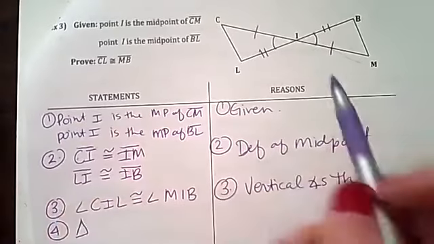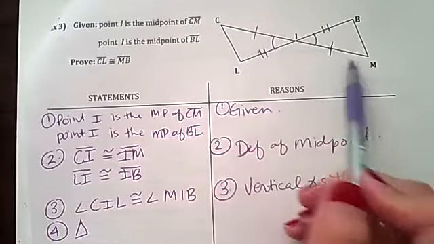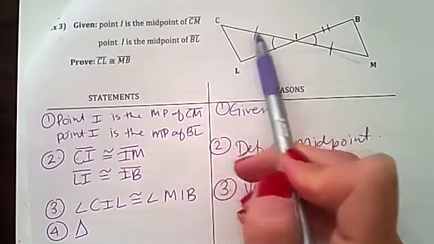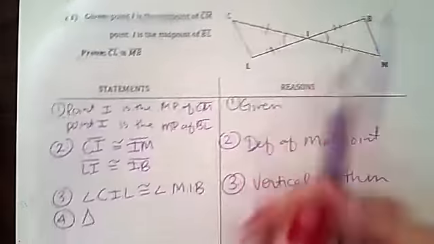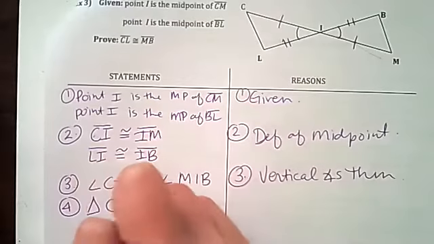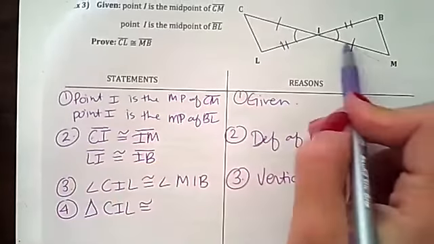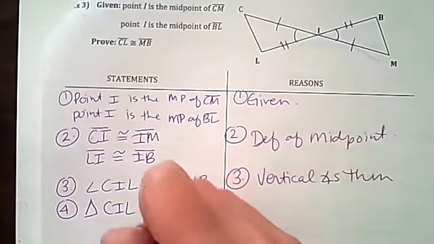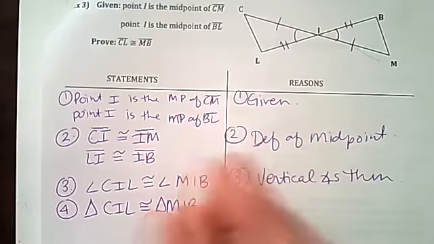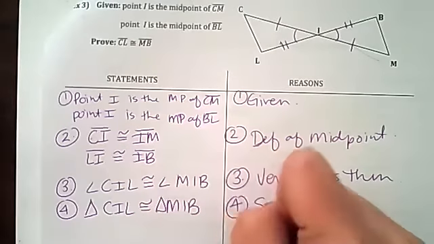So triangle, I'll go CIL and MIB again, that matches up because down the side with one tick mark, down the side that has two. And then down the side that has one tick mark, down the side that has two. And that would be side angle side.